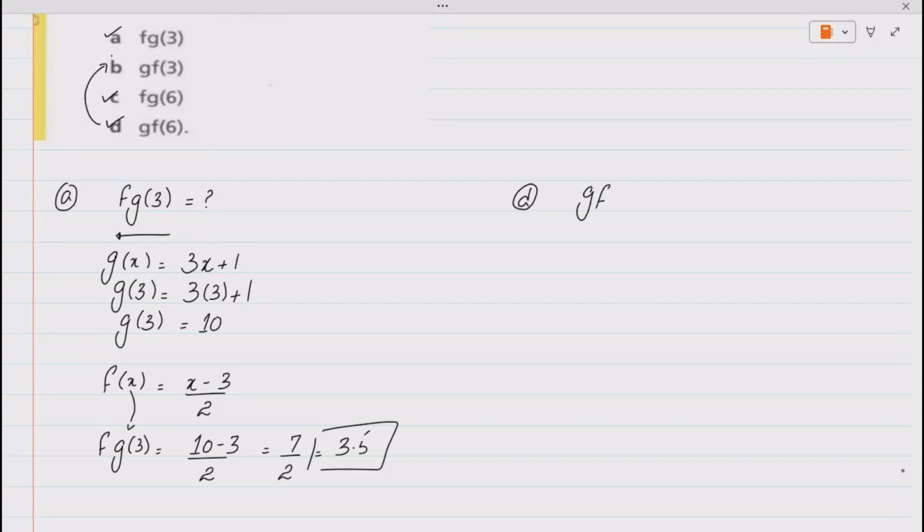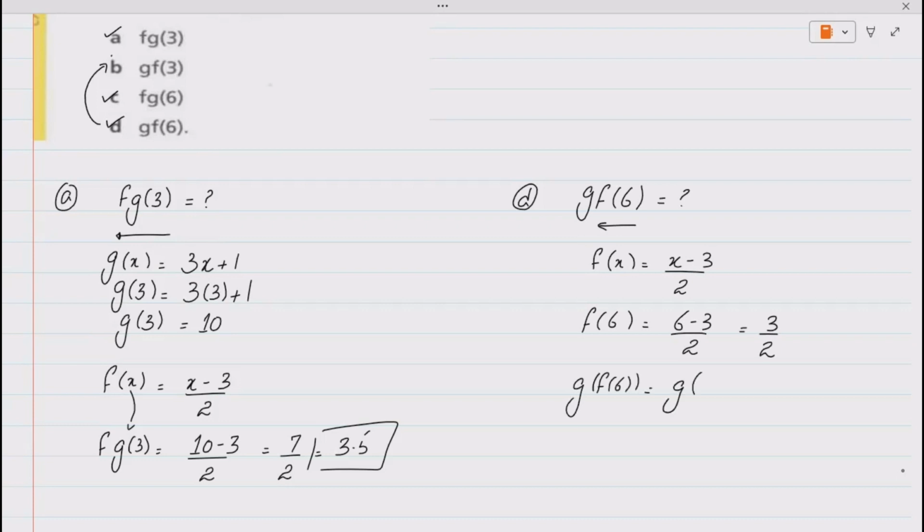So g of f of 6. First we have to do the right hand side, f of 6. f of x is (x minus 3) upon 2, so f of 6 is (6 minus 3) upon 2, which is 3 upon 2. Now g of f of 6 means we actually do g of 3 upon 2.